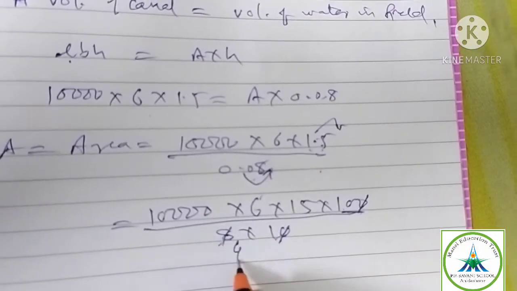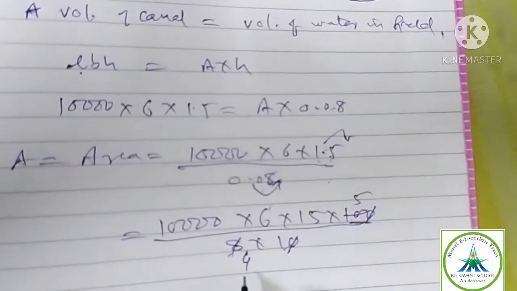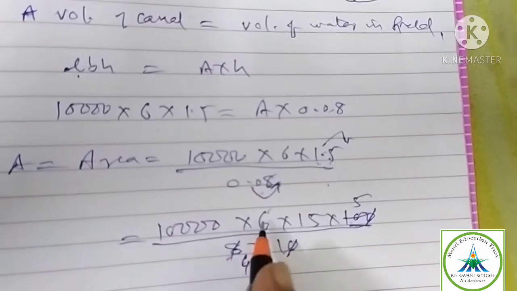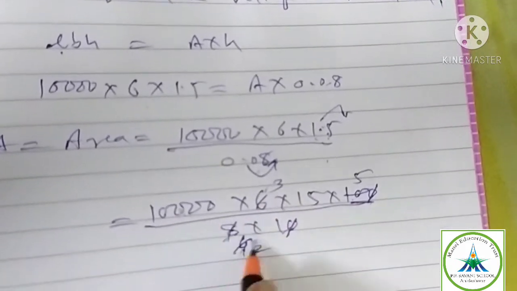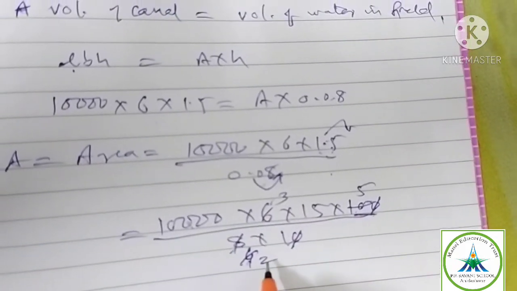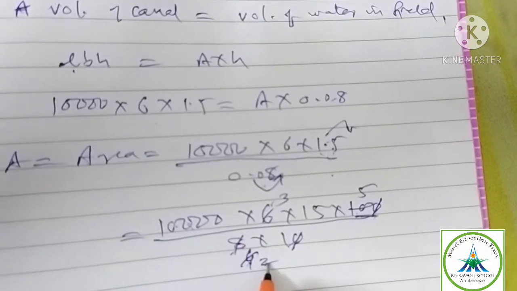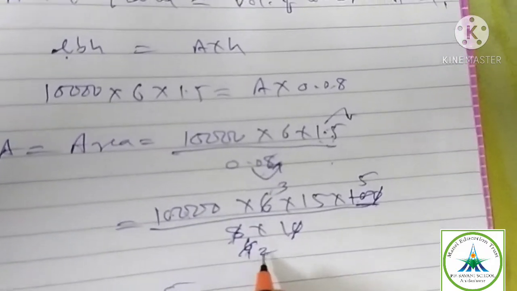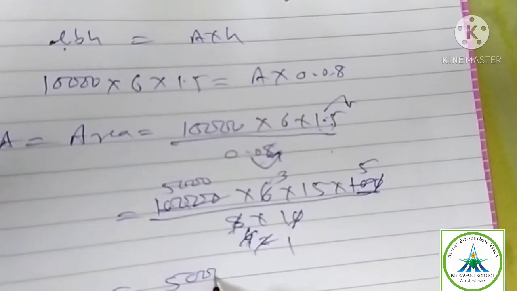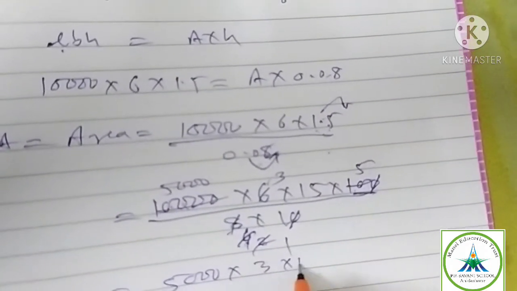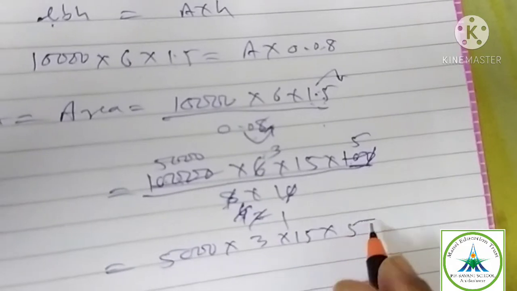Okay students, now again see, you can cancel this 10 and 8: 2 4s are 8, 2 5s are 10. Again you can cancel this by 2: 2 2s are 4, 2 3s are 6. Some students are directly cancelling. They are very good. Now again see, if we divide 10,000 by 2, we get 5,000. 5,000 multiplied by 3 multiplied by 15 multiplied by 5.